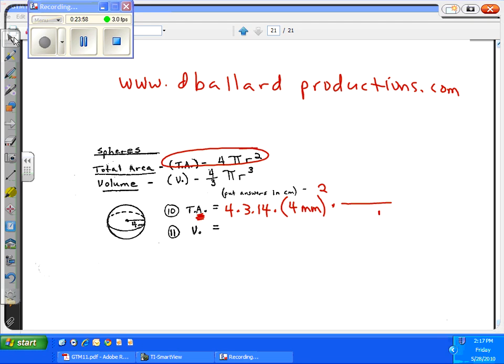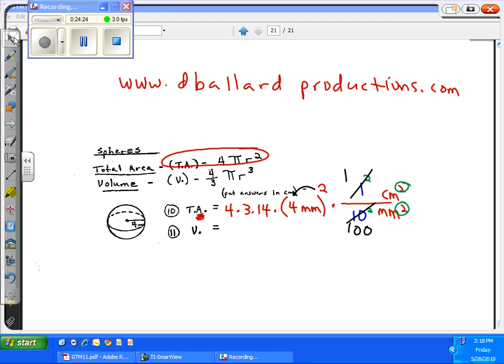So we want to lose the name square millimeters and gain the name square centimeters. The larger is centi, the smaller is milli. There's 10 milli in a centi. Well, we're not dealing with centi milli, we're dealing with square centi, square milli. So 1 squared is 1, 10 squared is 100.